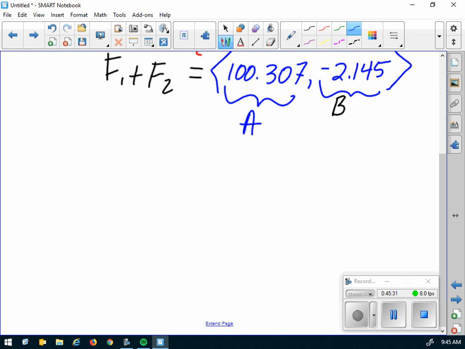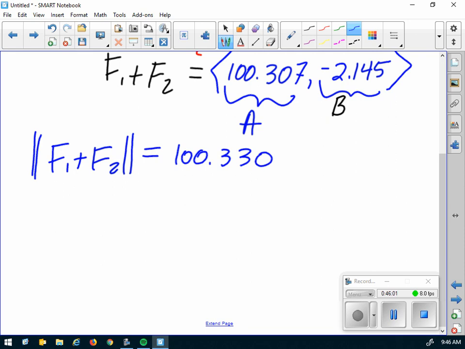Are you getting these numbers? What is the resultant? What are you getting as a resultant? Question.